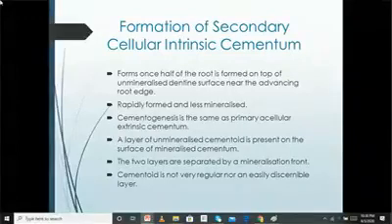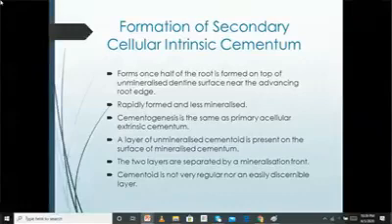This type of cementum forms rapidly and is less mineralized as compared to the primary cementum. However, most of the development is similar to that of the primary cementum. The difference is that in the secondary cementum, the rate of formation is quite high, and this type of cementum is slightly less mineralized as compared to the primary cementum.